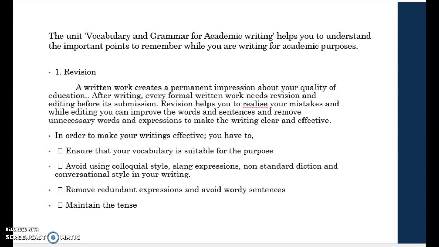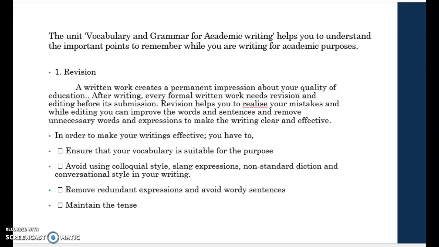Then another thing is you should avoid colloquial styles, slang, and expressions which are considered non-academic. Putting those kinds of words into your academic writing is not acceptable, and also non-standard and conversational style. If you write academic writing the way we speak, it is not acceptable.